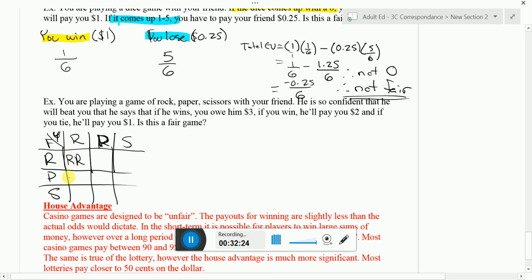We have rock and rock, paper rock, scissors rock, rock paper, paper paper, scissors paper, rock scissors, paper scissors, and scissors scissors. Now, just to make this, I'm gonna do your friend's in red. So rock, paper, scissors, rock, paper, scissors, rock, paper, scissors.